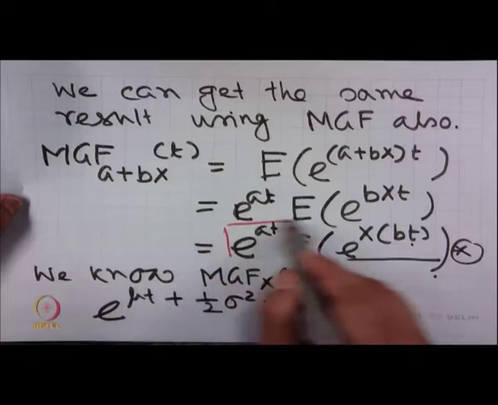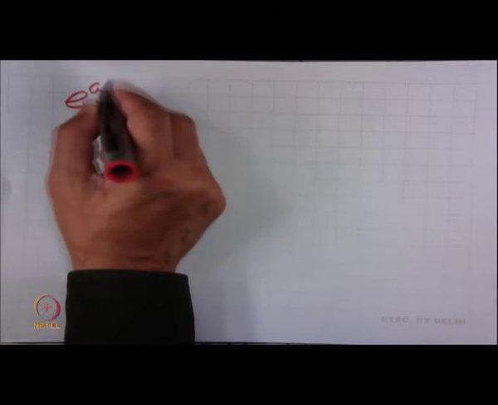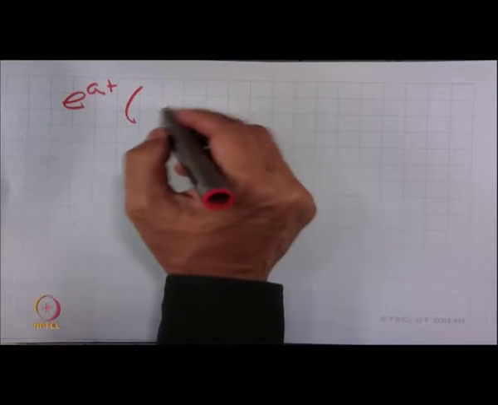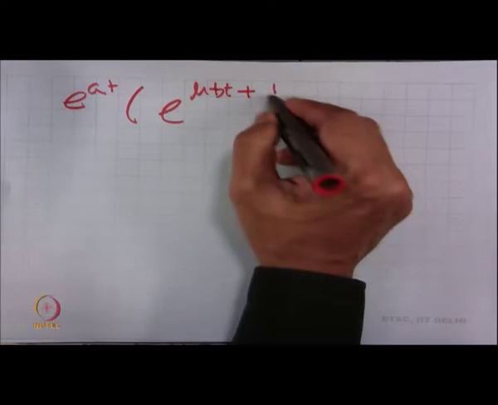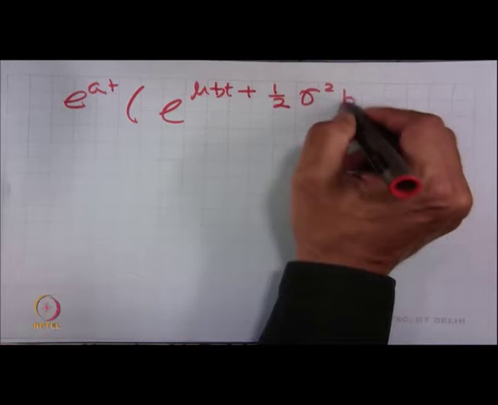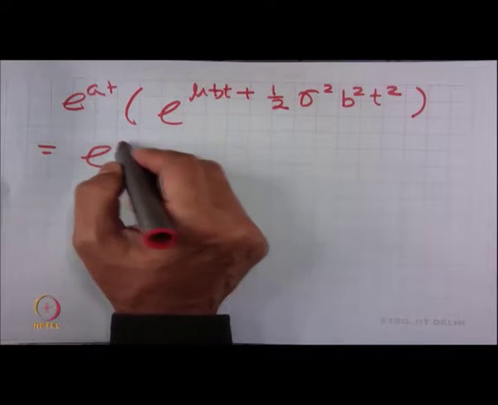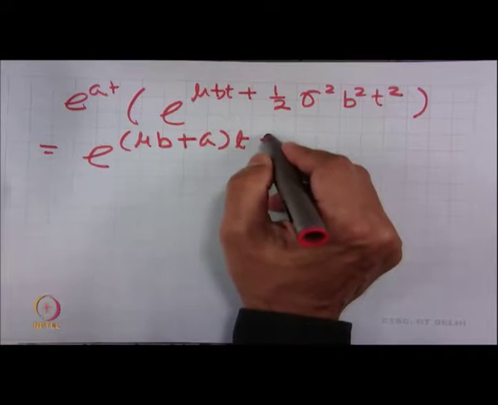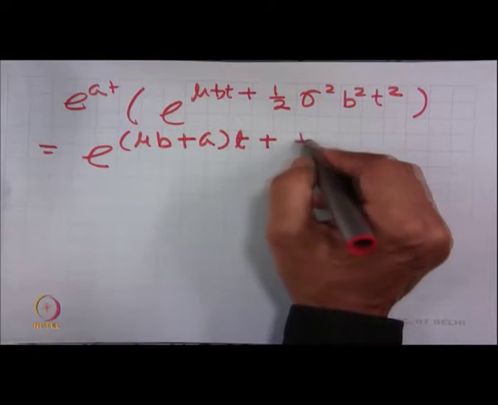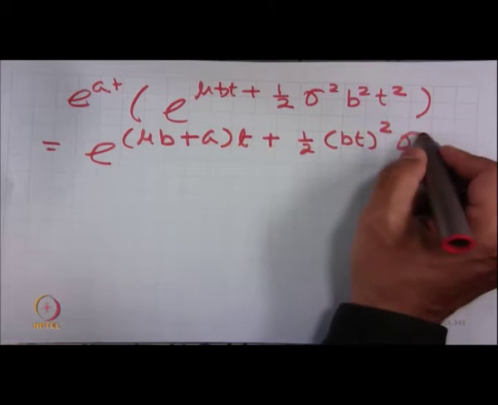Therefore, this term we can write by comparing with this as e to the power a t multiplied by e to the power mu b t plus half sigma square b square t square, which is equal to e to the power mu b plus a t plus half b square t square into sigma square.